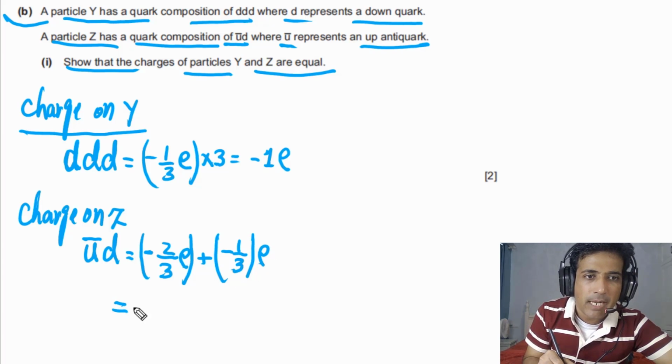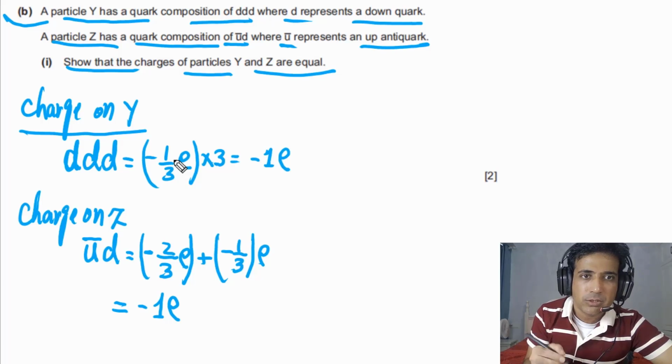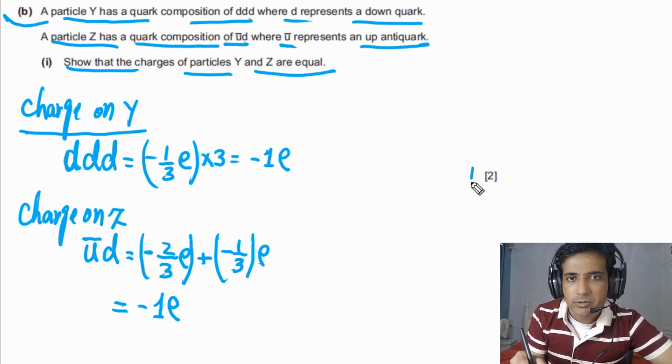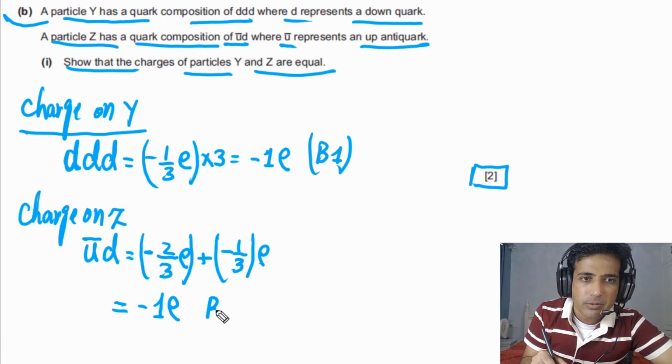If we simply add these two together, our final answer will be negative 1e. So you can see the charge on Y is equal to the charge on Z. That's all we need to do for this question. You will get 1 B mark if you have written the charge on Y, and the second B mark if you have written the charge on Z.